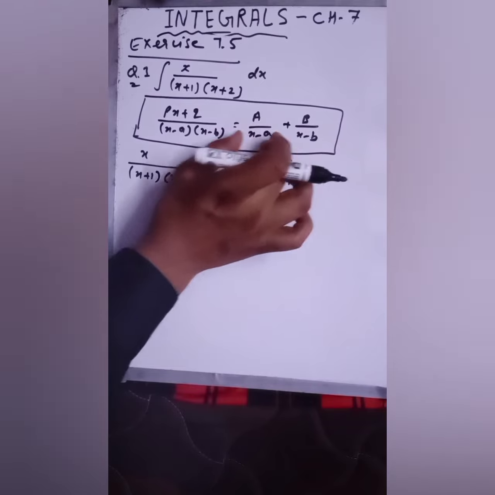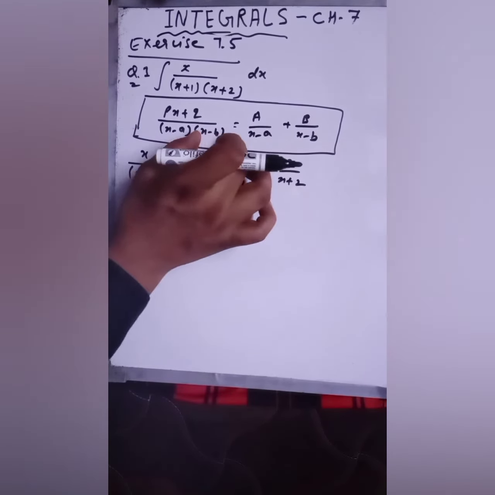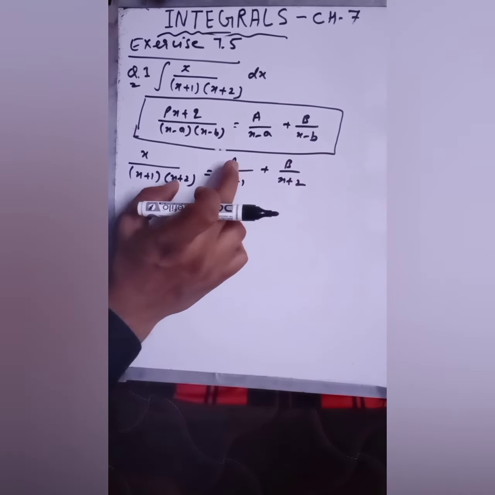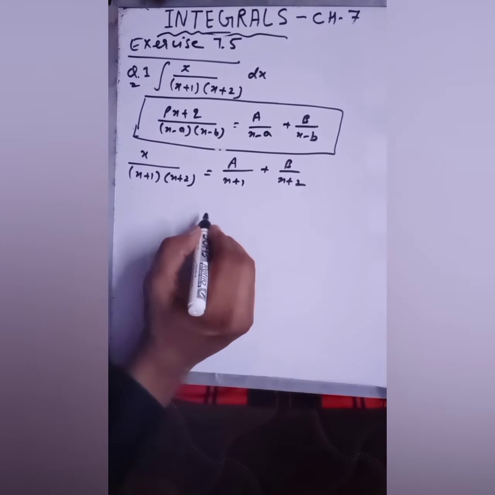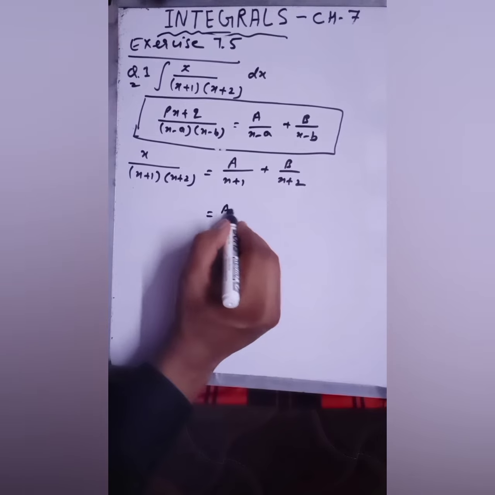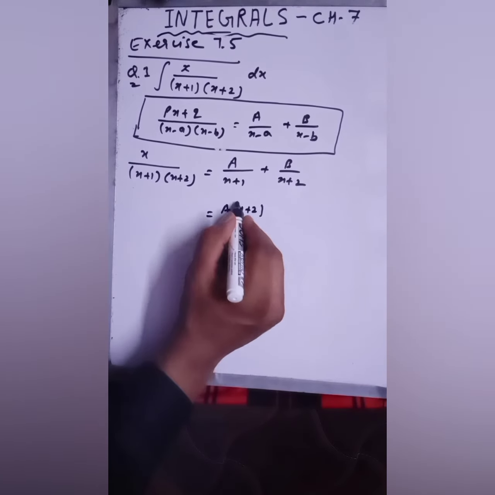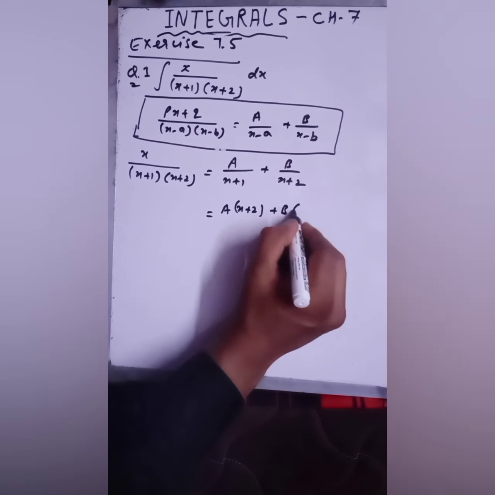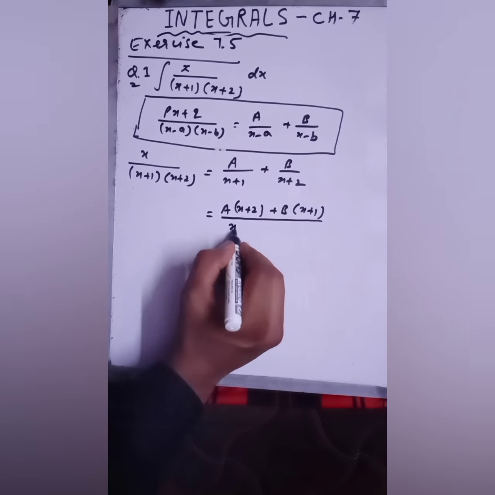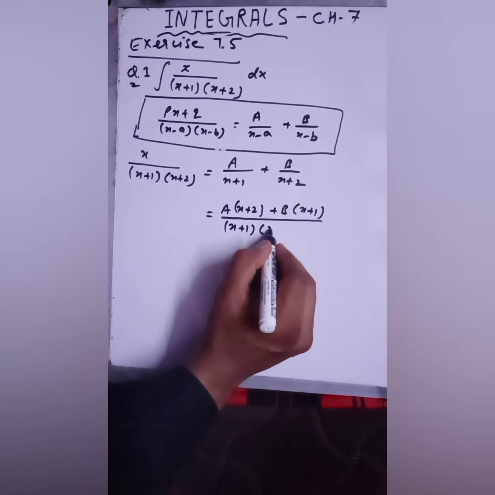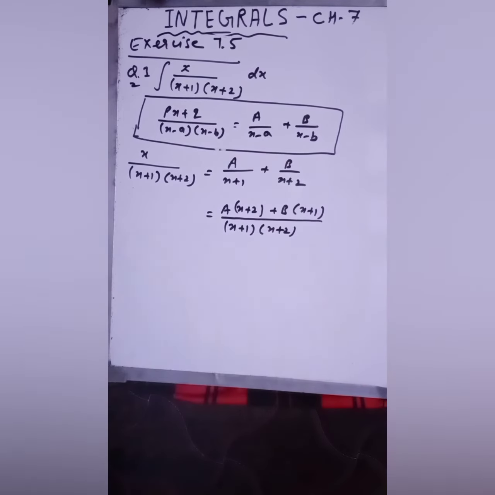So here a over this first factor and b over the second factor. Similarly, here you have a over this first factor and b over this factor. Now you have to take LCM, so you will get a(x + 2) + b(x + 1) over (x + 1)(x + 2).